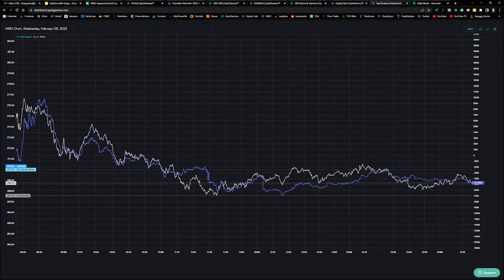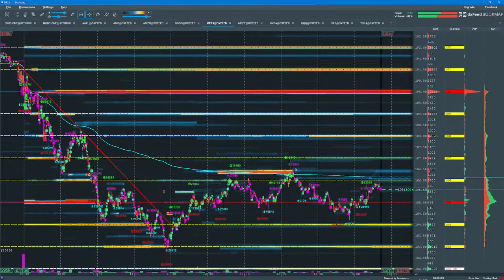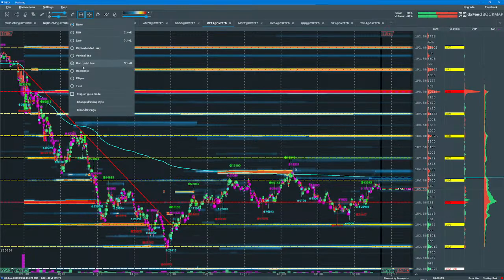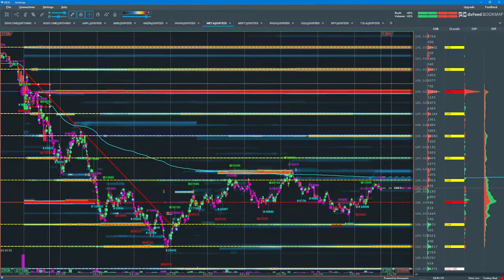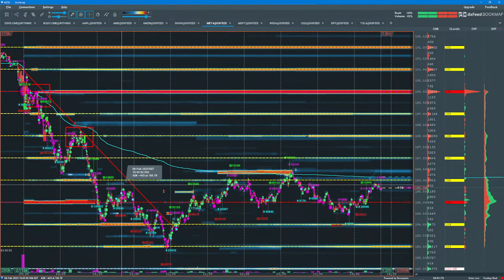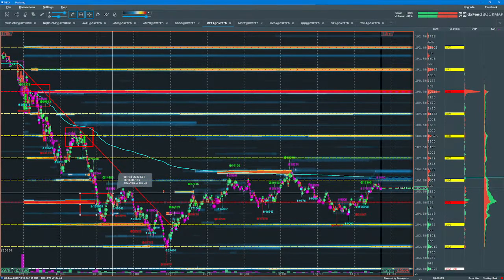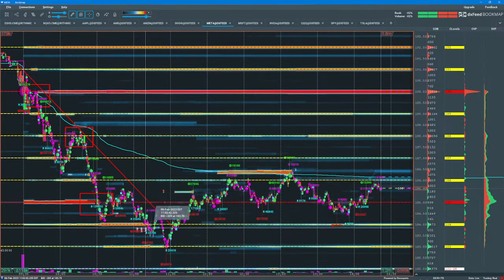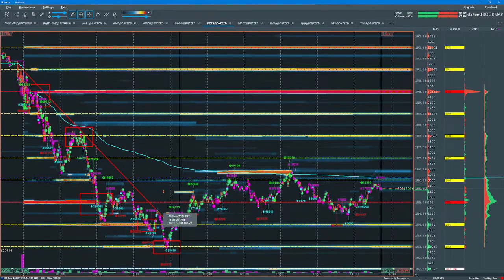All right, let's go take a look at Bookmap again. So just like many of the other stocks in the morning, good short setup to pullbacks. The first target was the 185 liquidity here. 184, price made it all the way down to 183.